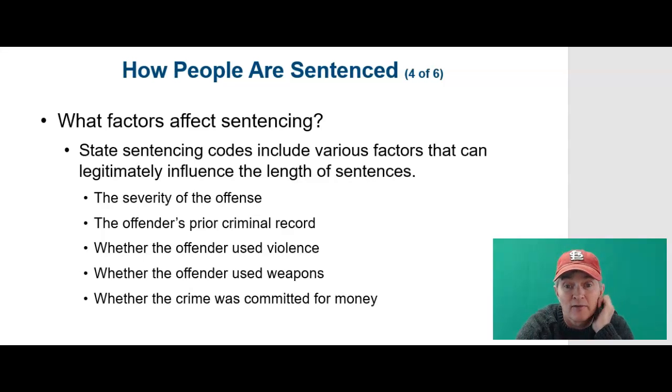Have you been in front of a judge before, and what was it that brought you in front of that judge? Third, whether the offender used violence. And this next one goes hand in hand, whether the offender used weapons. And ultimately, whether the crime was committed for money.